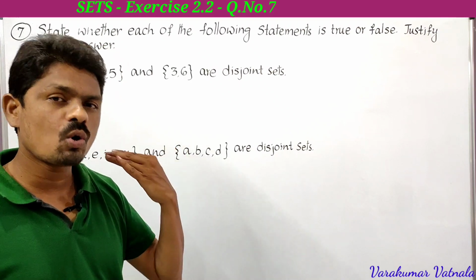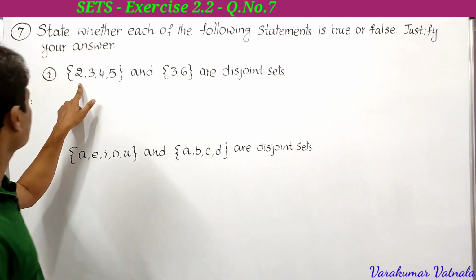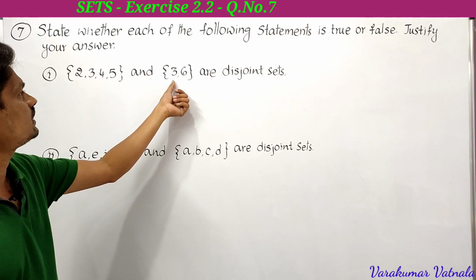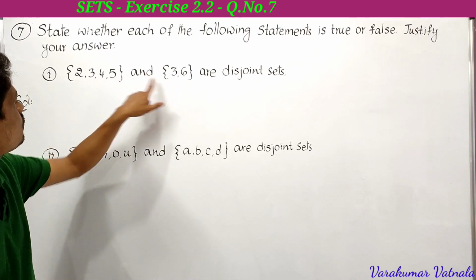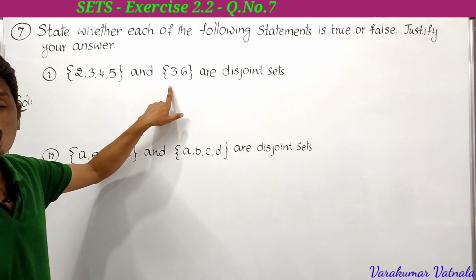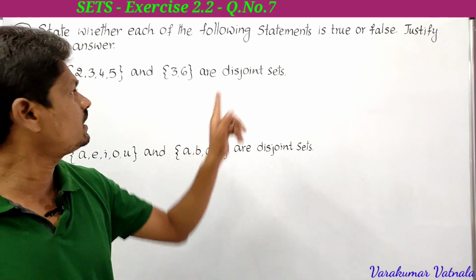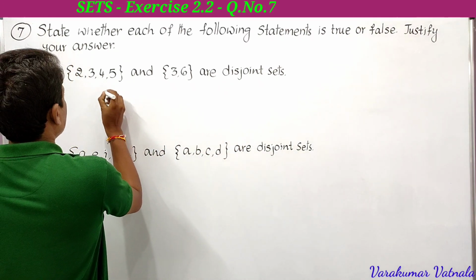If there are no common elements, they are disjoint. See here, first set 2, 3, 4, 5, second set 3, 6. So here what are the common elements? Yes, there is common element 3. So if there is a common element, they are not disjoint, but here it is given as disjoint, so it is false. So the first statement is false.